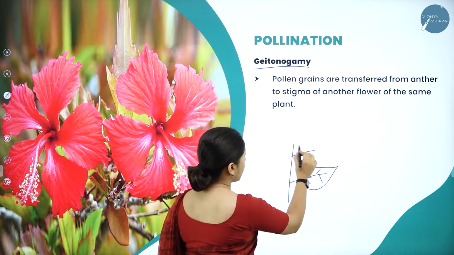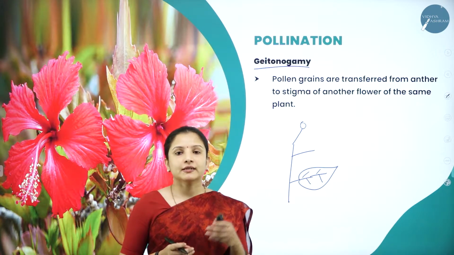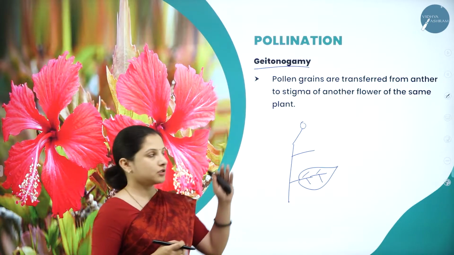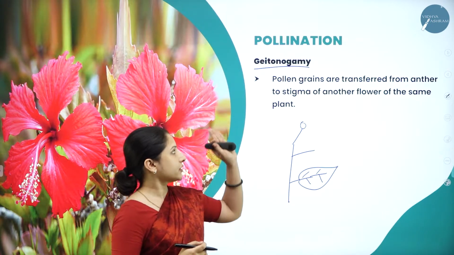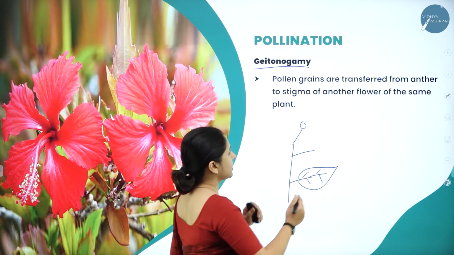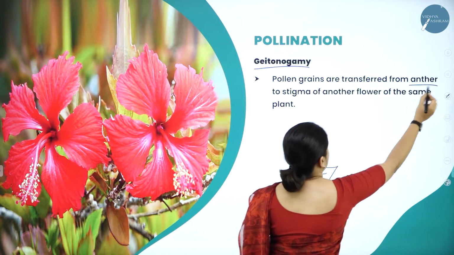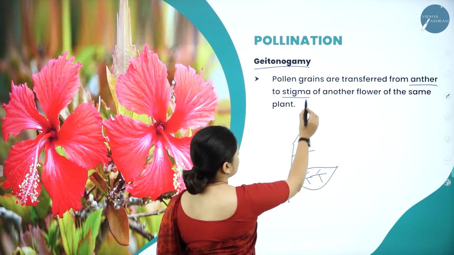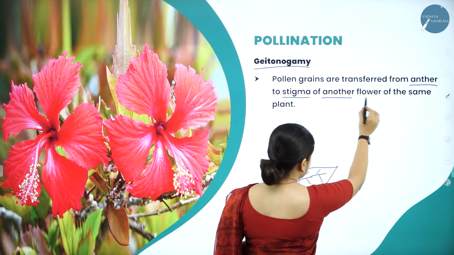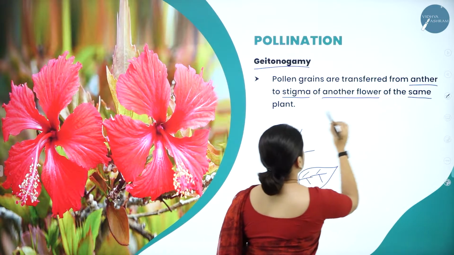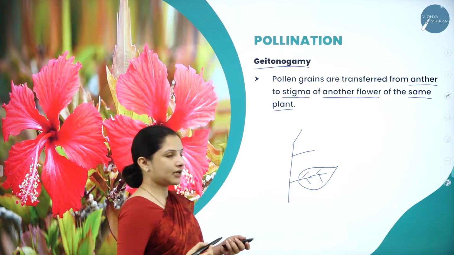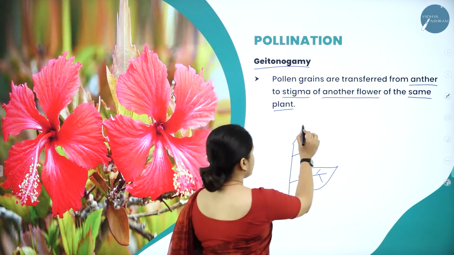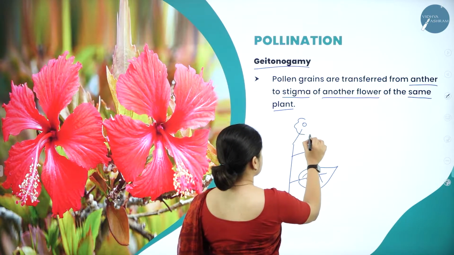In pollination, there is another kind called Geitonogamy. In Geitonogamy, the pollen grains are transferred from the anther to the stigma of another flower, but of the same plant. Say, for example, in a plant you have two flowers.